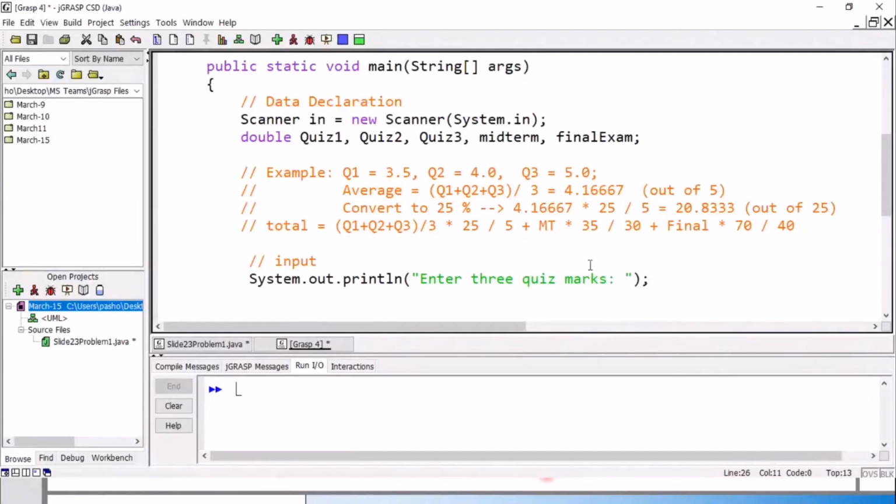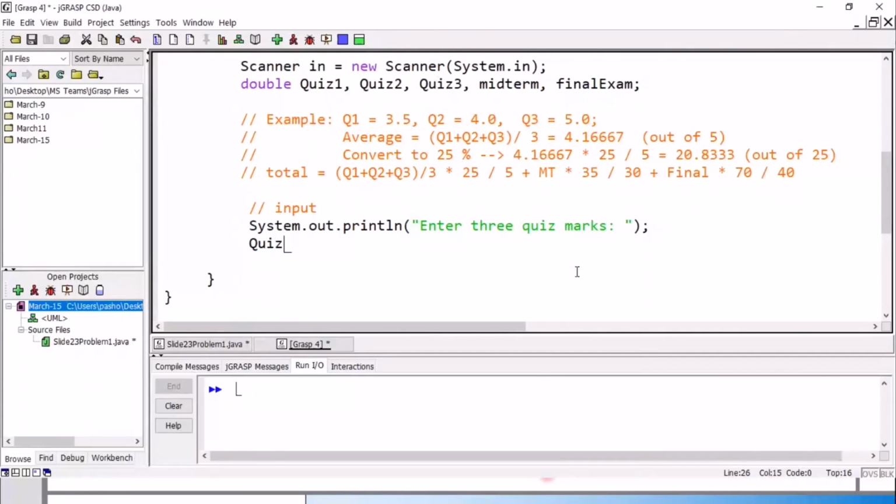And we will read in quiz 1. The keyboard variable is n.nextDouble. And since we are going to repeat the same statement, we will simply copy it and paste 3 times. But don't forget to change this one to 2 and this one to 3. Otherwise, you will just read into quiz 1 and you will have logical errors.